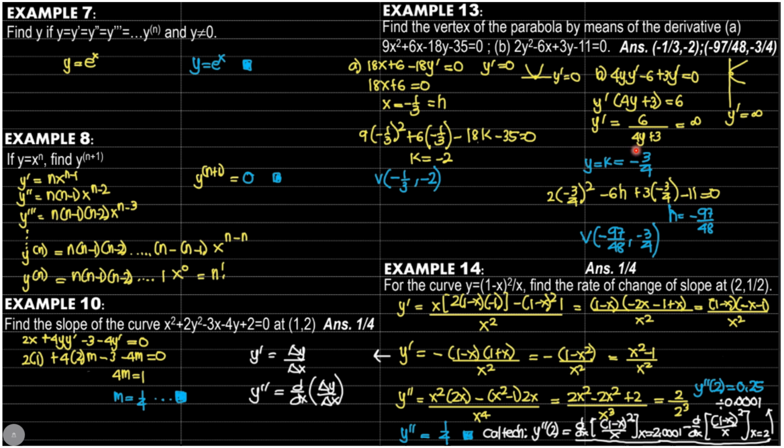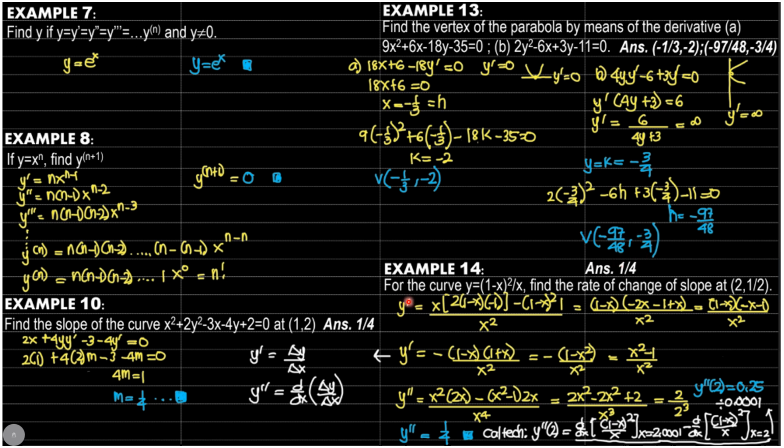When the denominator is 0, y is negative 3/4, and that is k. After we solve for k, we substitute into the original equation: 2 times negative 3/4 squared minus 6h plus 3 times negative 3/4 minus 11 equals 0. Using your calculator, h is negative 97 over 48. The vertex therefore is at negative 97 over 48 comma negative 3/4.